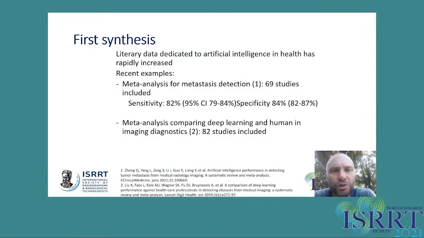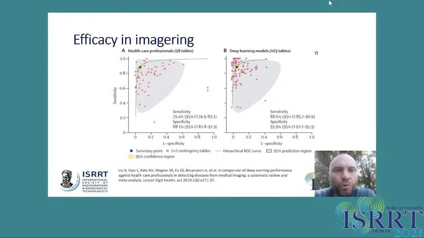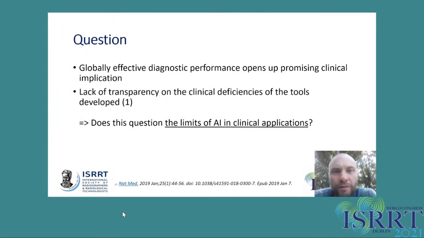Note that this is not just imaging specialists. The graph from Liu's meta-analysis shows significantly higher sensitivity and specificity of AI than humans. Today, we have effective diagnostic performance.